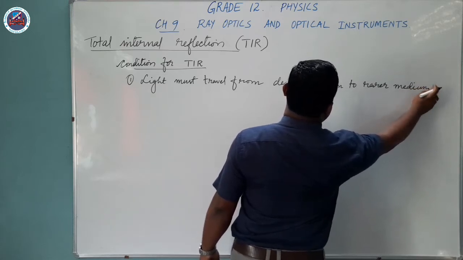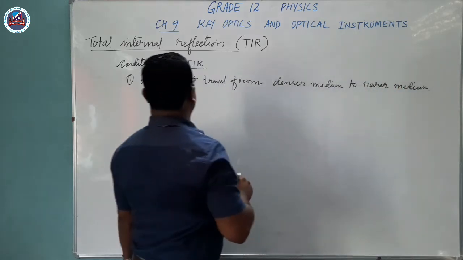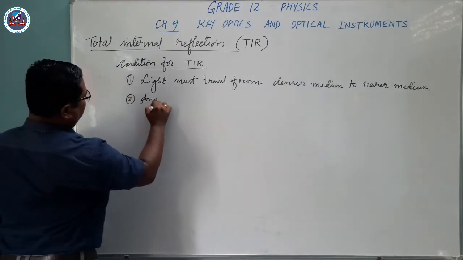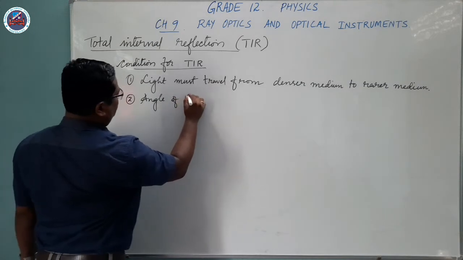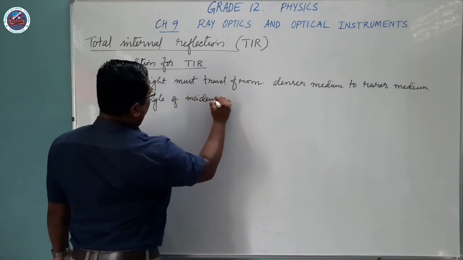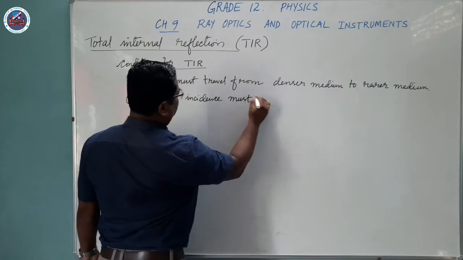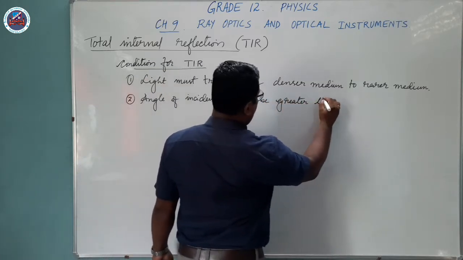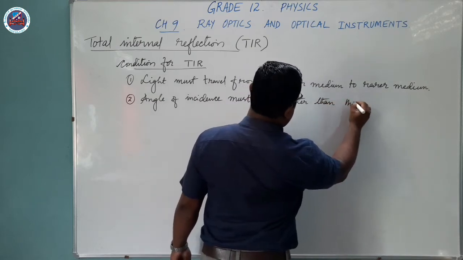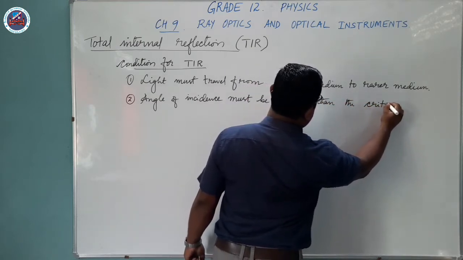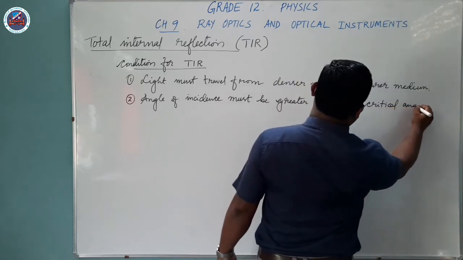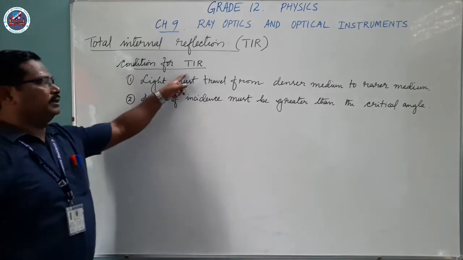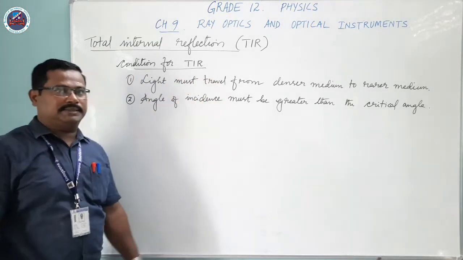This is the first requirement. The second is that the angle of incidence must be greater than the critical angle. These are the two important conditions for total internal reflection to take place.